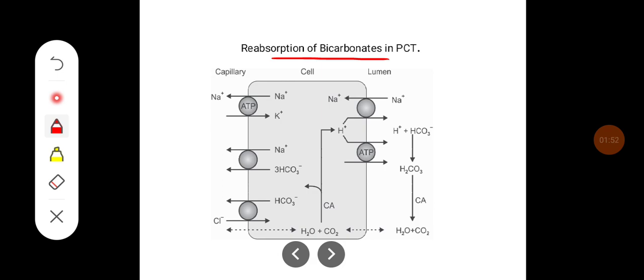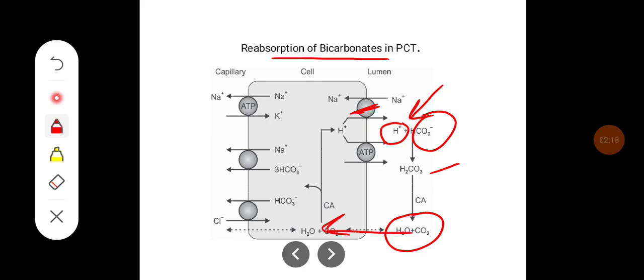So there will be active secretion of H plus ions through the active sodium hydrogen pump, and this H plus ion binds with a filtered bicarbonate to form carbonic acid, which forms water and carbon dioxide, and that is reabsorbed.